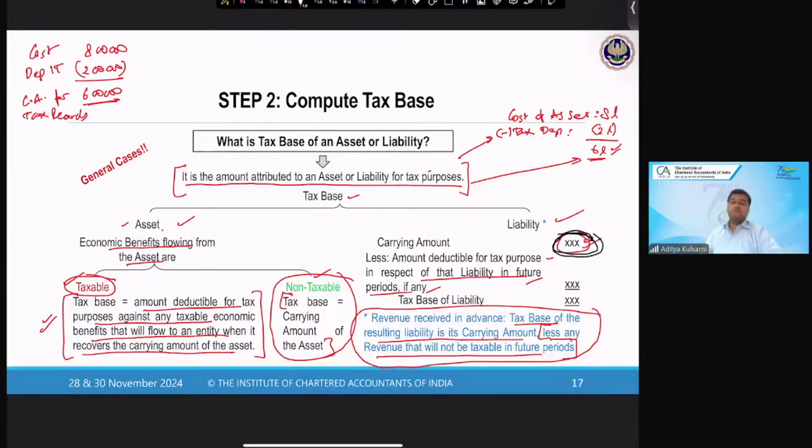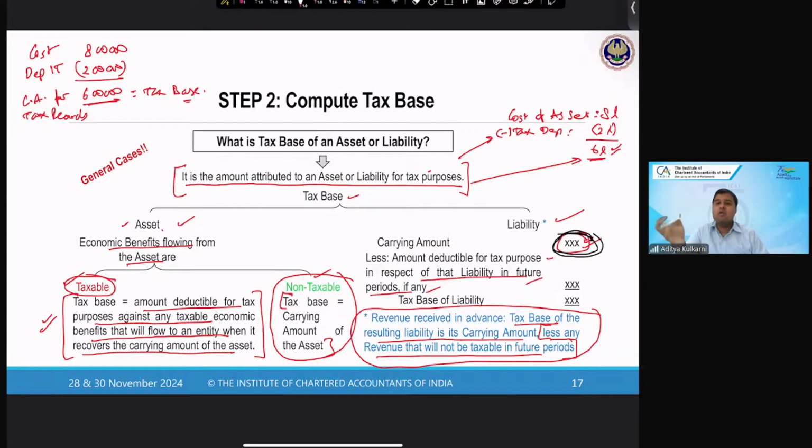Yes or no? Yes, sir. So since this is your carrying amount for tax records, this becomes your tax base. Did everyone understand? Yes, sir. Swaminathan, Prashant, Nushi. Yes. All right. Fine.